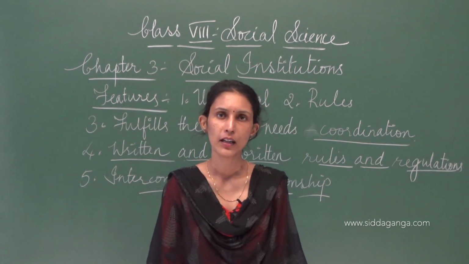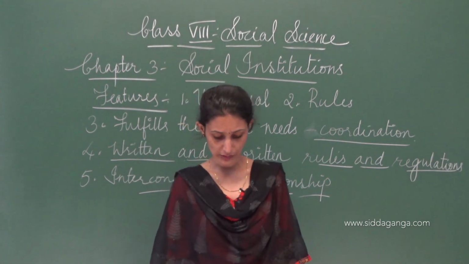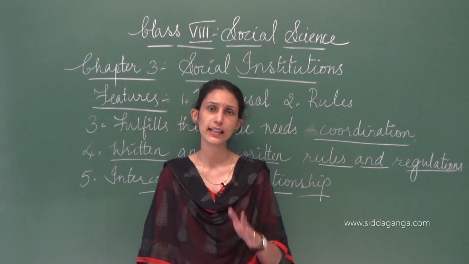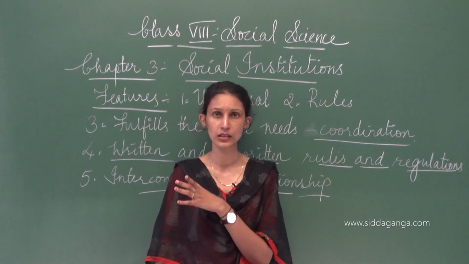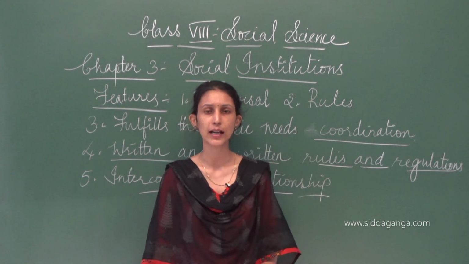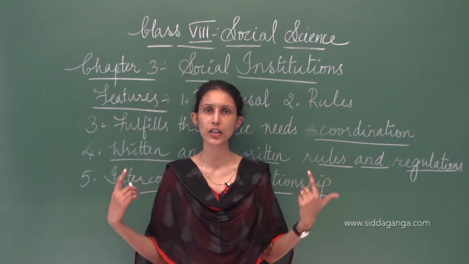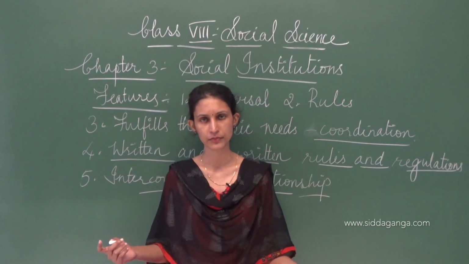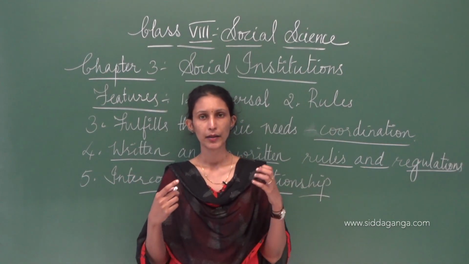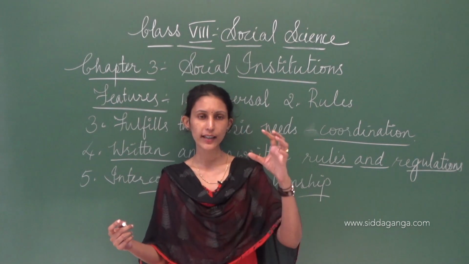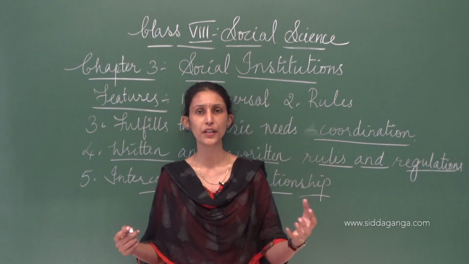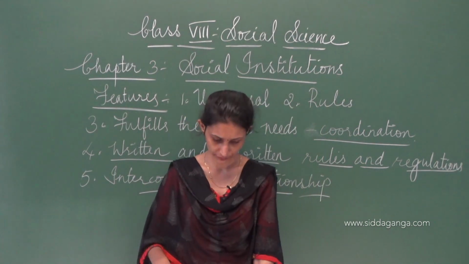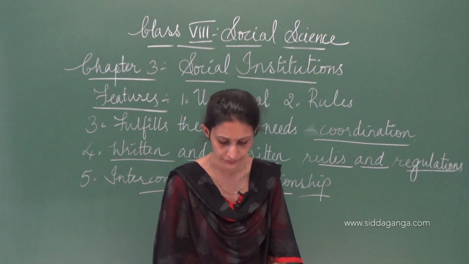If you remember the previous lessons that I have told you, everything that happens in this society is connected to whatever has happened in the past, and is going to connect to what's happening in the future, and what's happening in and around us is also interconnected. That is, thing A is connected to thing B, and whatever you do with thing B has a reverse effect on thing A.